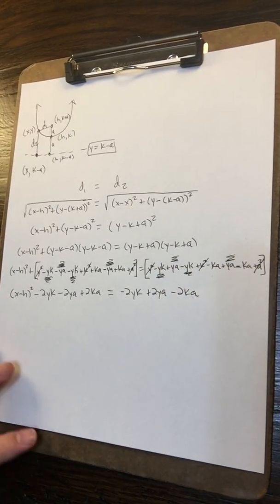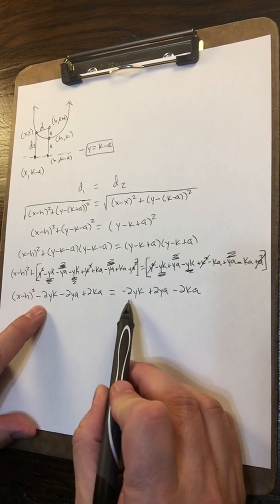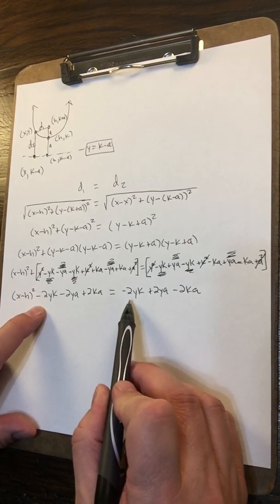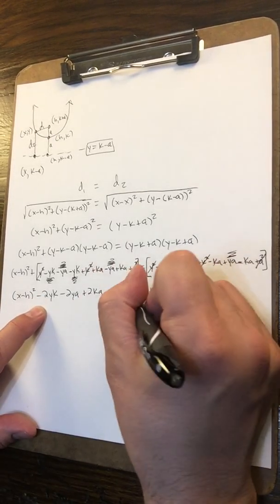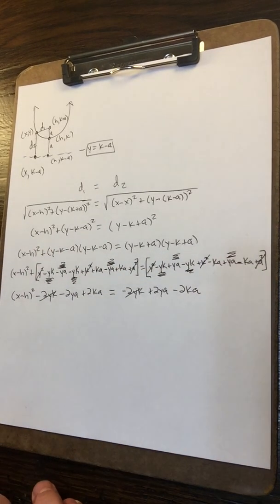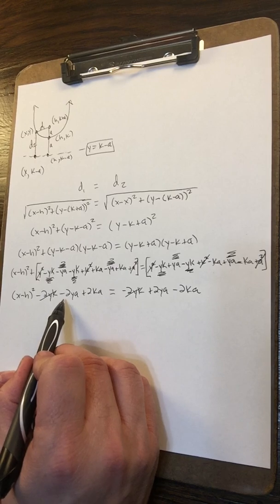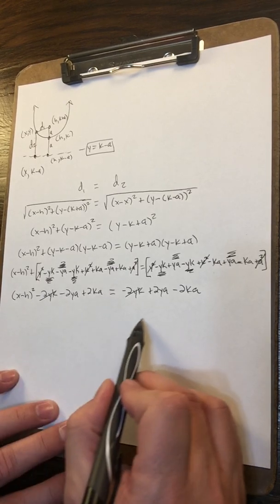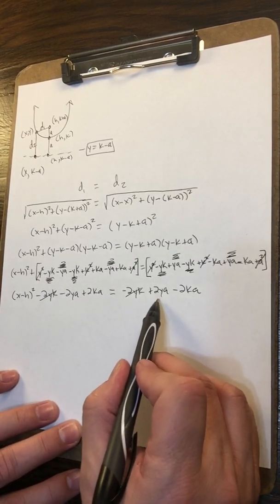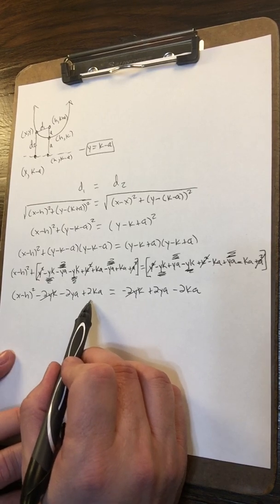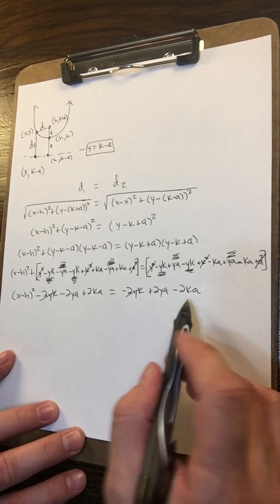So it's getting easier. These are the same sign, so if I add 2yk and I add 2yk, these cancel. Yes? Okay? So I'm going to add 2ya, and that will become 4ya. And I'm going to subtract 2ka, and that's going to become minus 4ka.